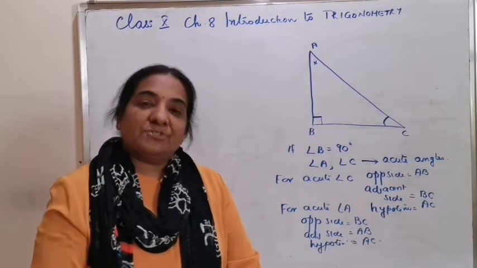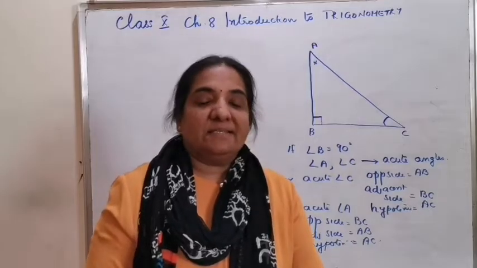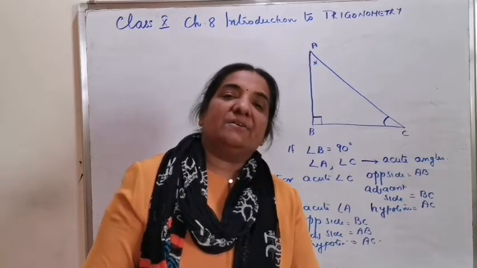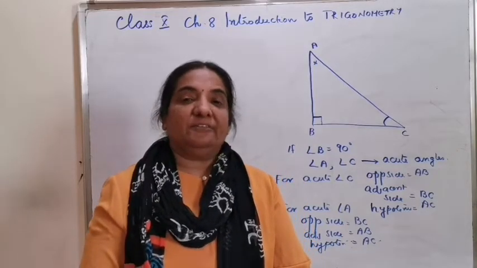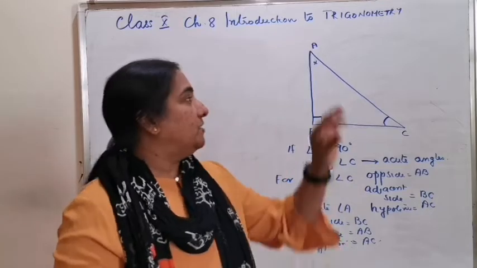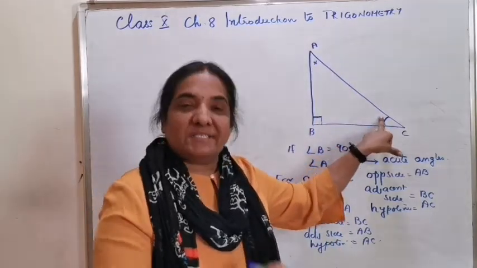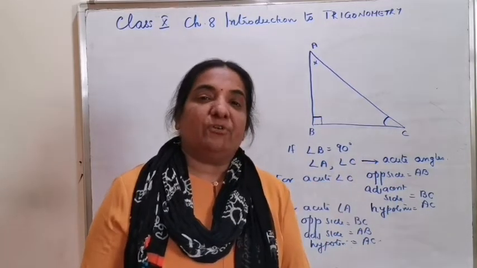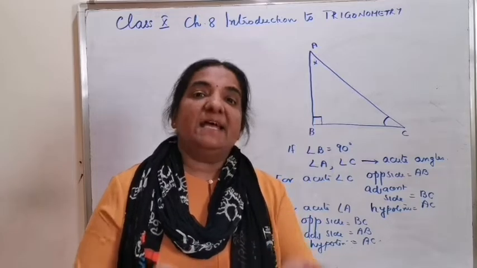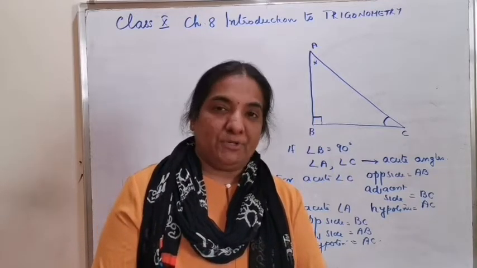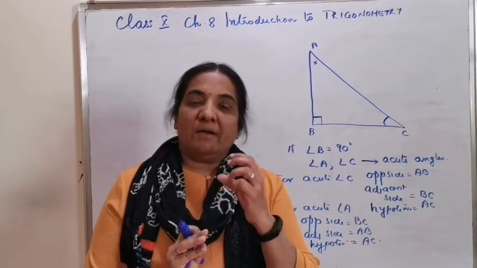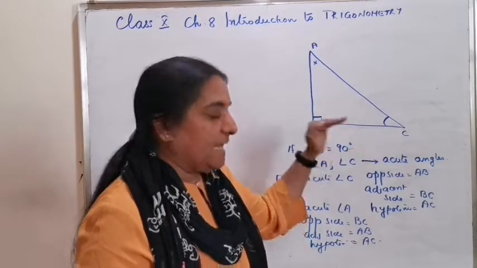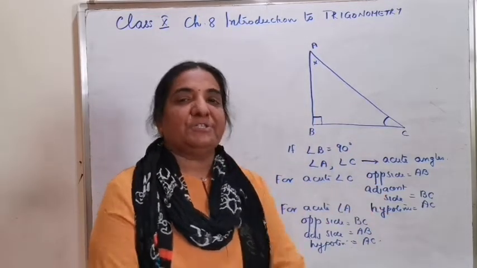Now trigonometry deals with certain ratios. That means certain trigonometric ratios are defined for acute angles A or C based on the sides, which sides we are taking as opposite side, adjacent side and hypotenuse. So I hope how to consider the opposite side, adjacent side and hypotenuse for a particular angle is clear to you.